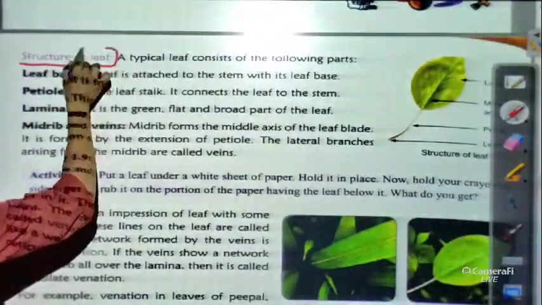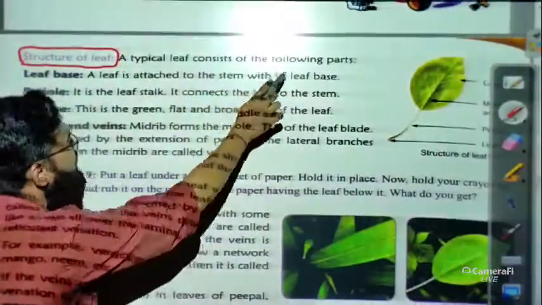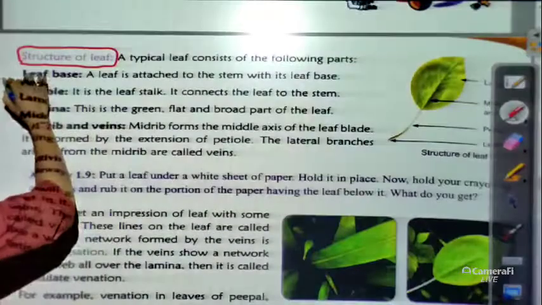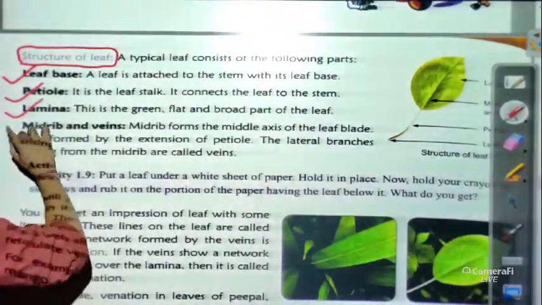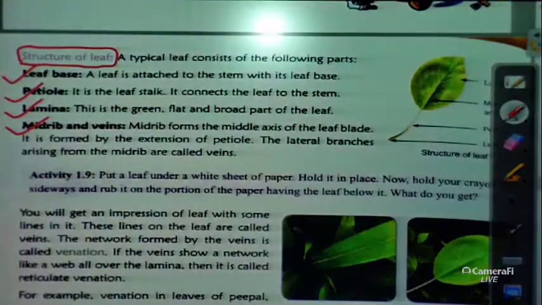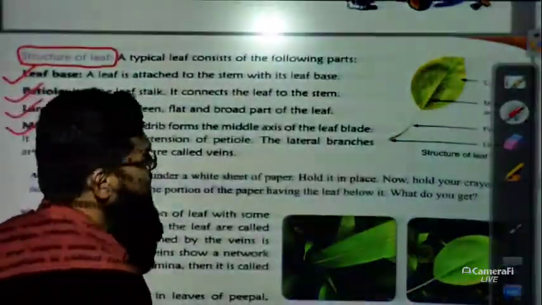A typical leaf consists of the following parts: leaf base, petiole, lamina, midrib and veins. These are the basic parts of a leaf. Let me tell you one by one.